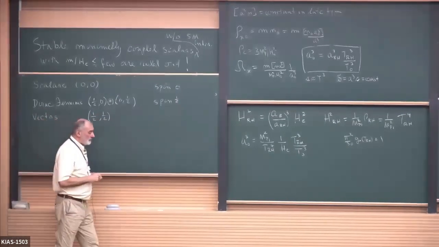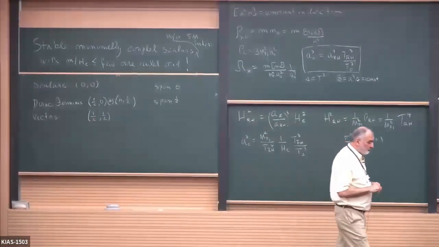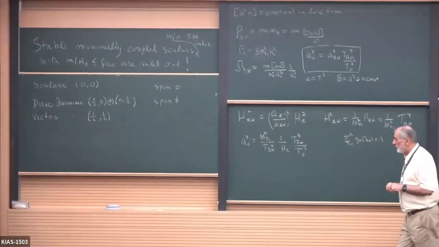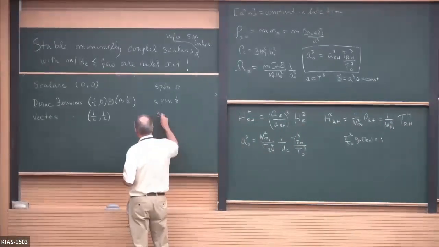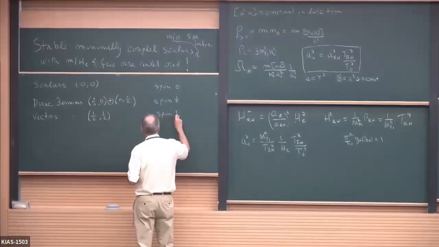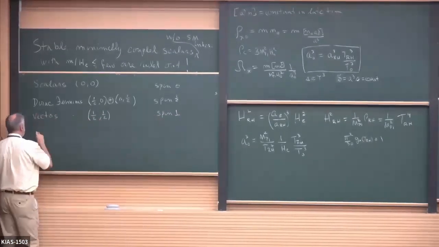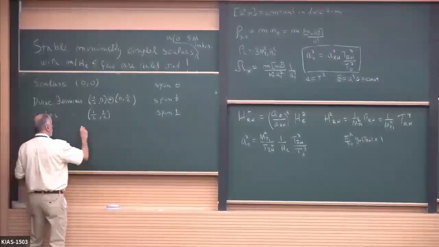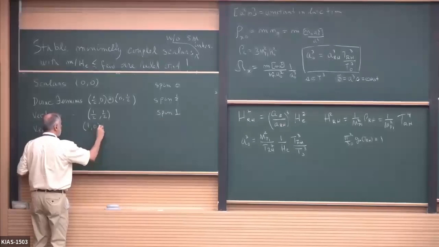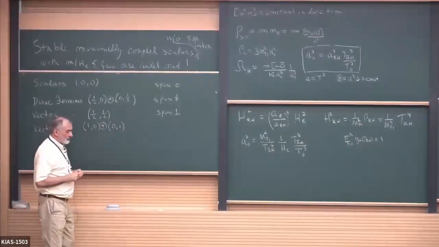Vectors transform as the (1/2,1/2) representation of the Poincare group. And you can also have vectors that transform as the (1,0) plus (0,1) representation of the Lorentz group.